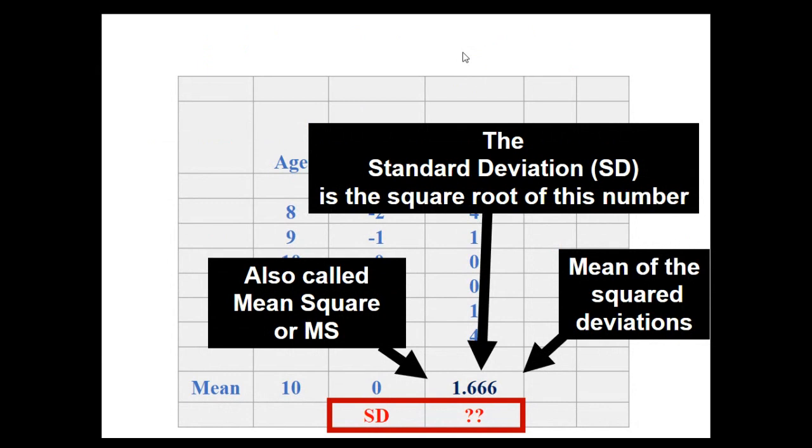So here's a box at the bottom of the table where we can write the standard deviation, which is abbreviated as SD. So what number should we write in the box? Go ahead and calculate that. Okay, here's the answer.